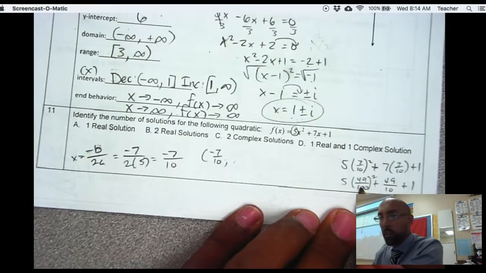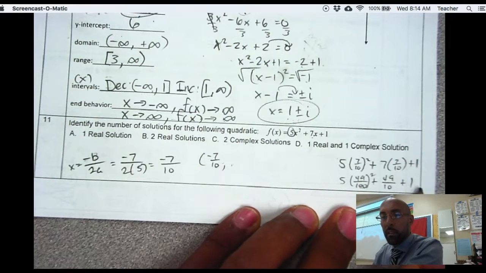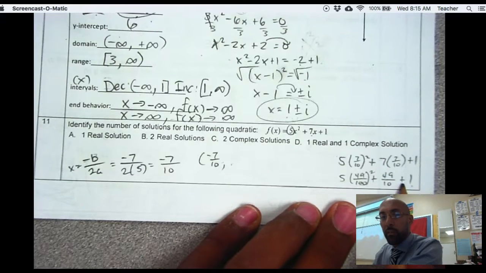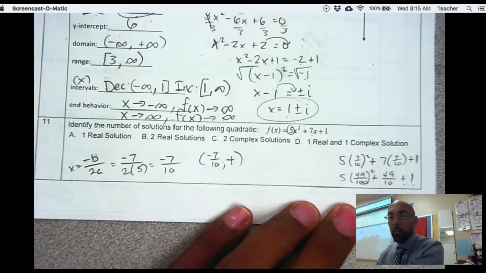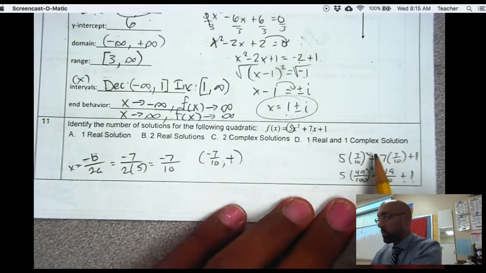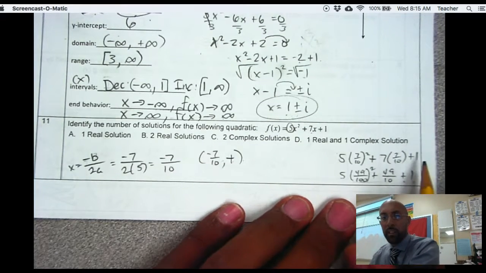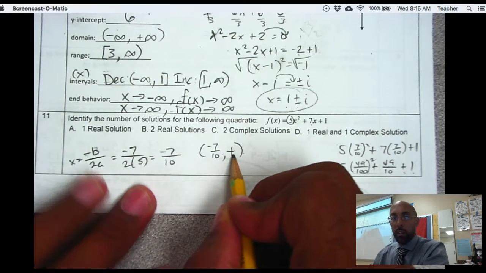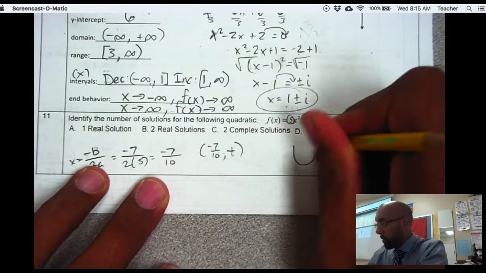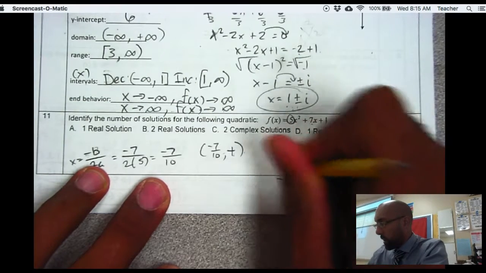What I notice right now is that there's no negatives in this as I'm looking for that y value. So I already know that this is going to be plus. I'm not going to keep going because I'm not messing with those fractions. If you want, you could just plug that in a calculator and find the decimal, because that's really what you want to know. Is this going to be above or below the x-axis? So now we've got a graph. It's above the x-axis, right?